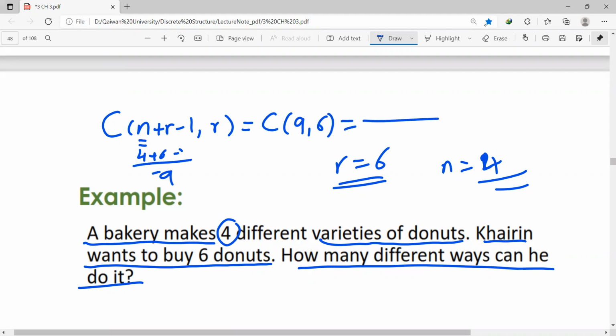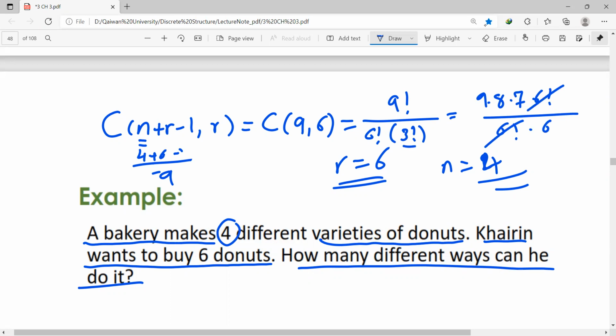It equals 9 factorial divided by 6 factorial times 3 factorial, because 9 minus 6 is 3. It equals 9 times 8 times 7 times 6 factorial divided by 6 factorial times 6.